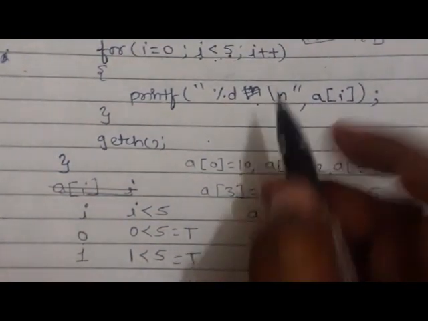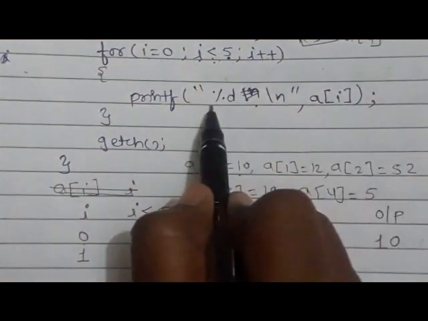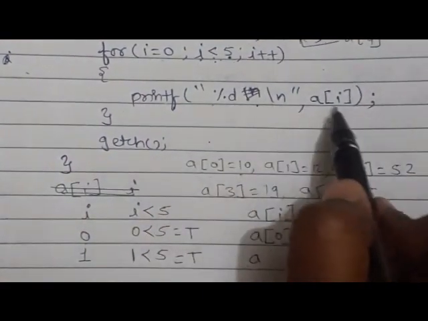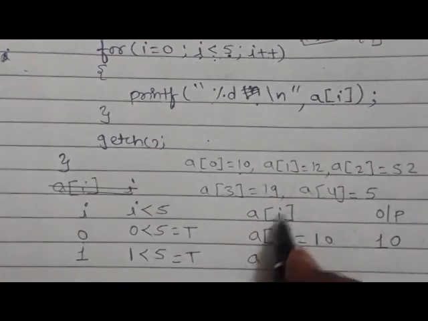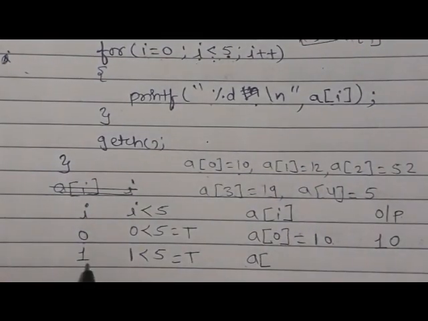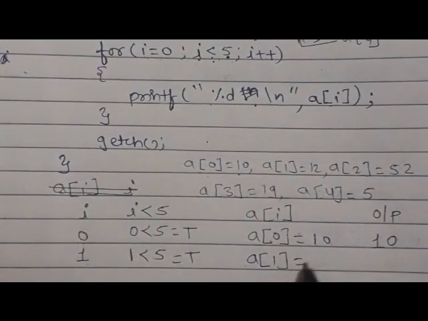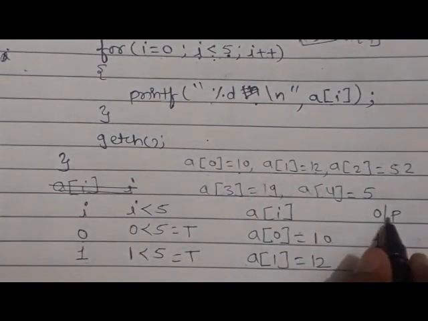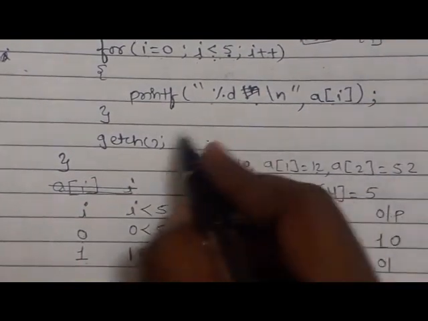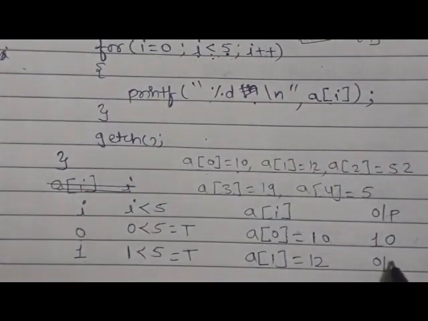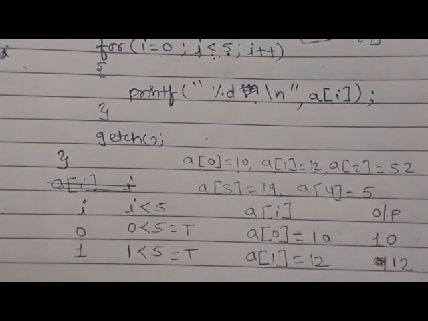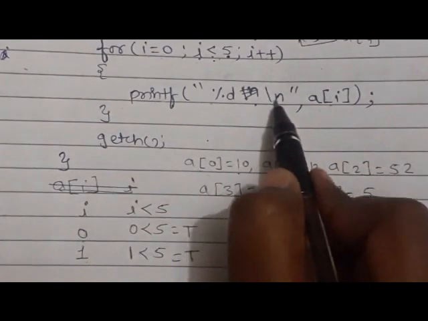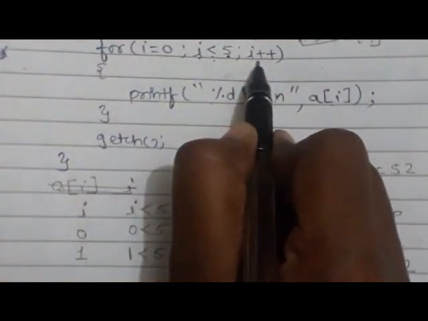So it will come inside the for loop and print the value of a of I. Here the value of I is 1. What is the value of a of 1? It is 12. This is the printf statement, so it will print the value 12.